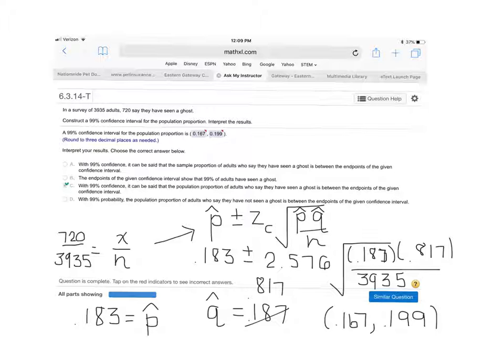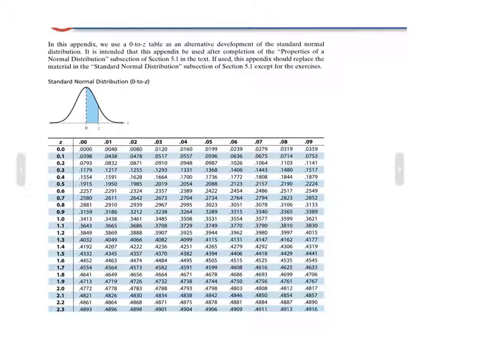So let me remind you again as to how I went about determining the critical value in this case to be 2.576. Here we have the table of critical values for the standard normal distribution, and we're basically wanting to determine how many standard deviations out from the center of the distribution we need to go in order to capture the middle 99%.